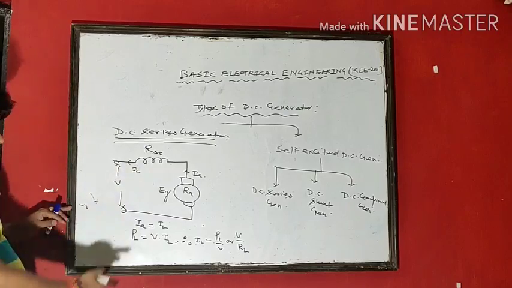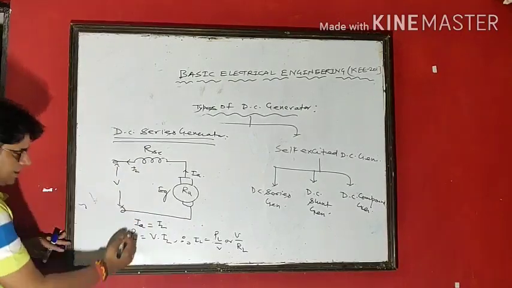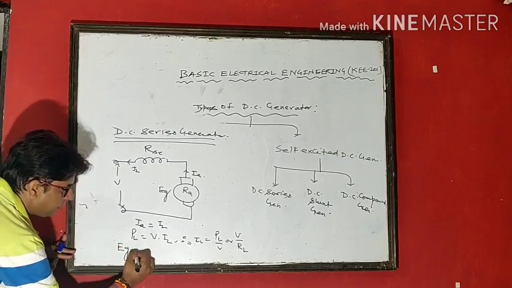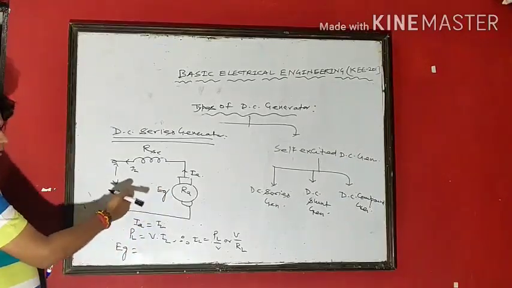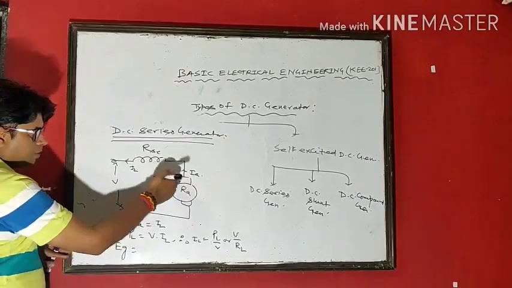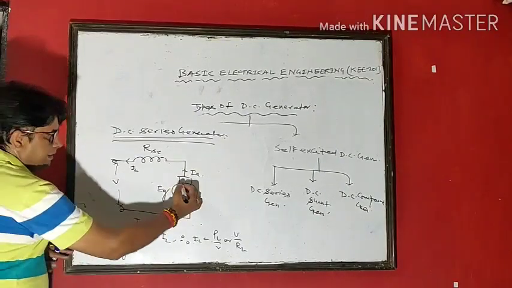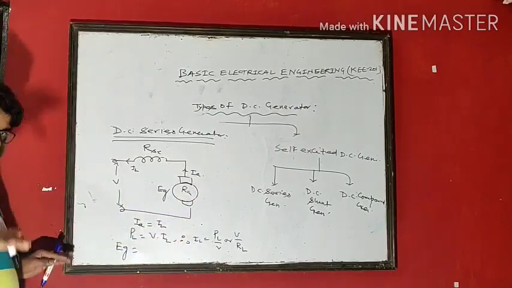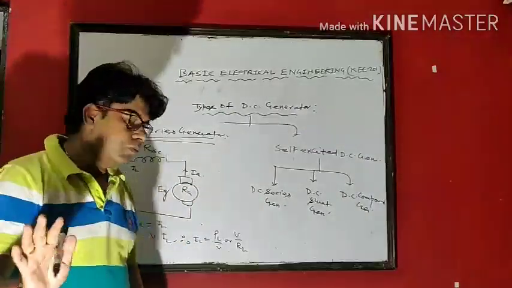Okay, and from this diagram, what is the value of EG? EG, that is the EMF generated, equals this useful voltage that you used, plus this drop plus this drop. And in any machine there are two brushes. Suppose 1 volt per brush is given, that means 2 into 1.